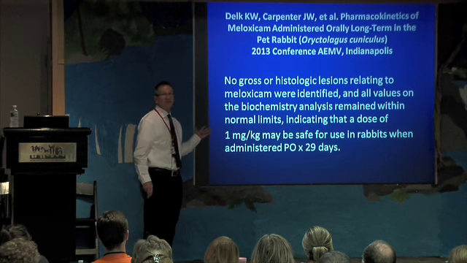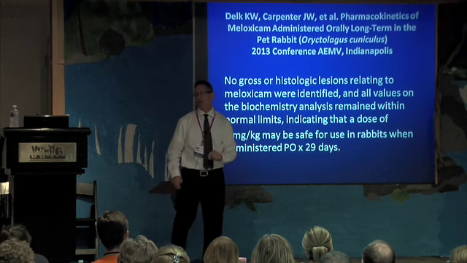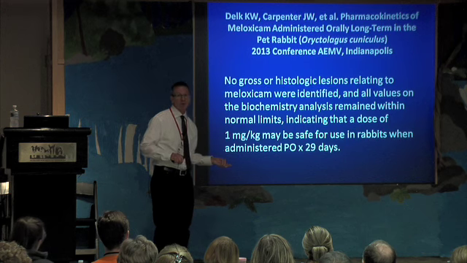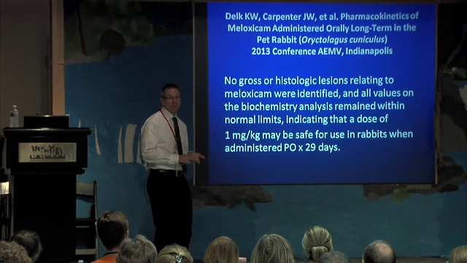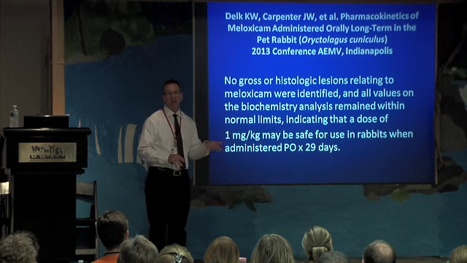So it seemed to be safe. They always say maybe. They don't say are. It's always may be safe. But that's really important information. Many of the veterinarians that read this information started increasing the dose of meloxicam in the rabbit.